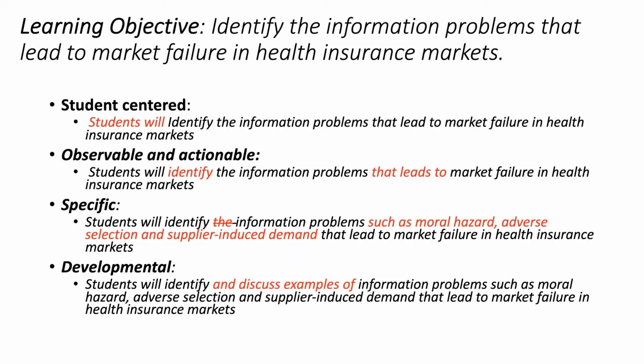And so I decided that the specific market failures that I want my students to focus on for the health insurance market are things like moral hazard, adverse selection, supplier-induced demand. So I went ahead and put that there to say they will be able to identify information problems such as moral hazard and adverse selection. So that's what you see in the red.